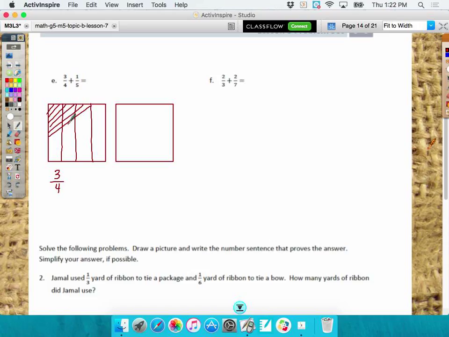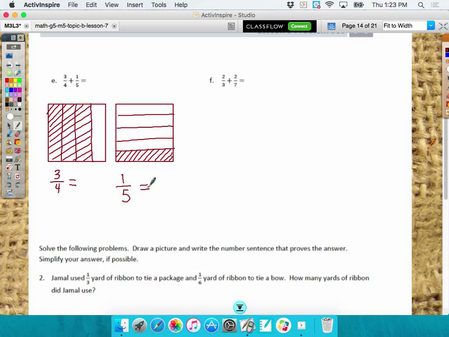So the numerator's what's different, isn't it? Okay. Marlene, how many equal parts do I need on the second area model? 4 lines, how many equal parts? 5. How many are shaded? 1.